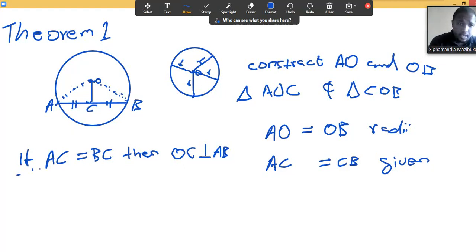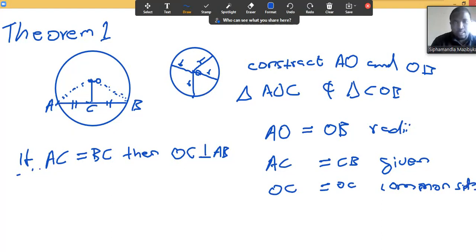Let's look at the other one. Now we're looking at OC is equal to OC. OC is equal to OC because it's a common side.